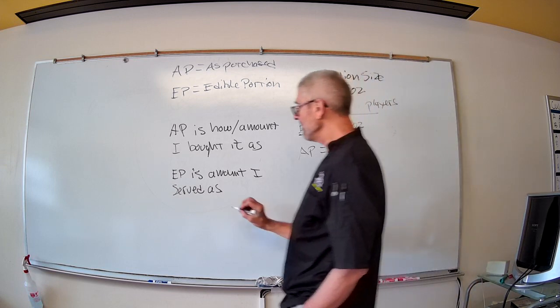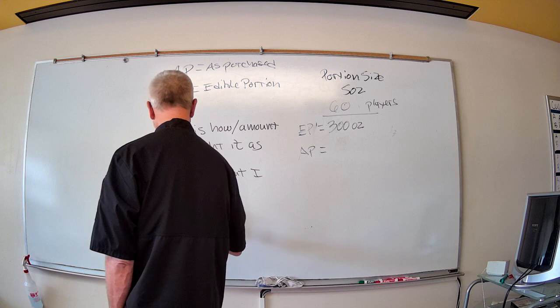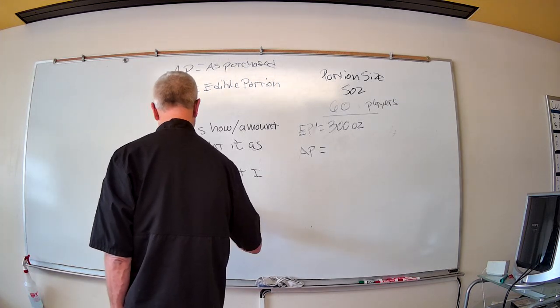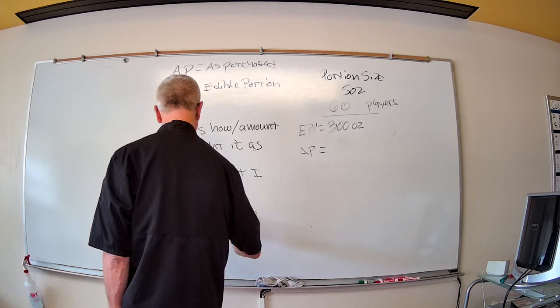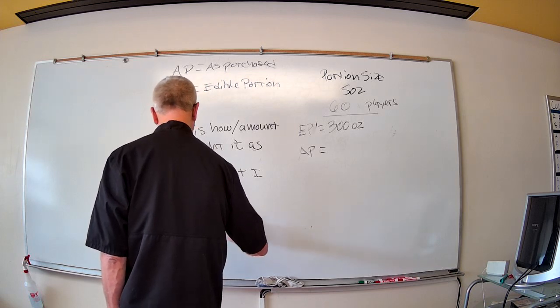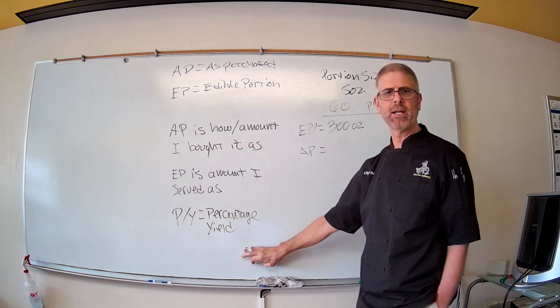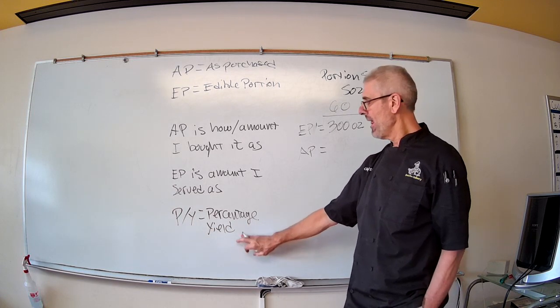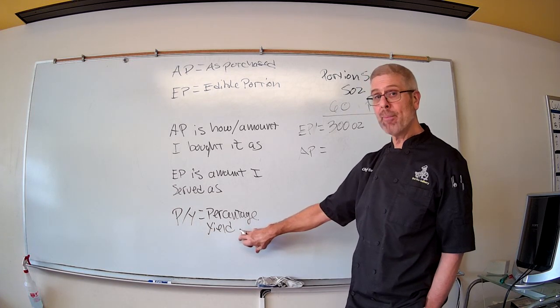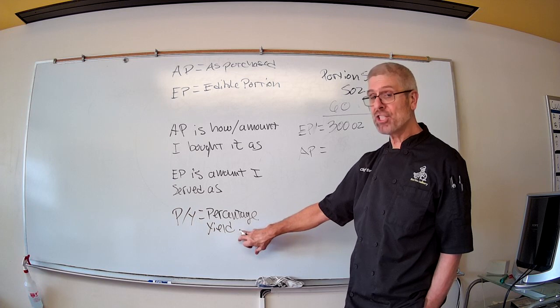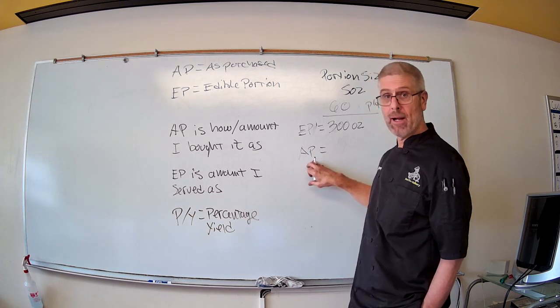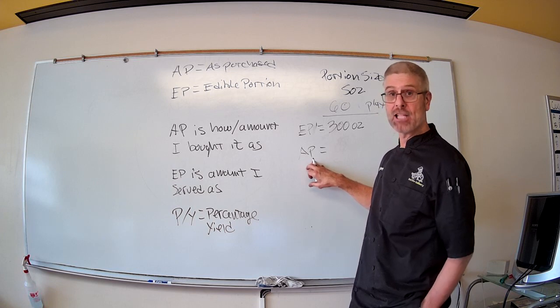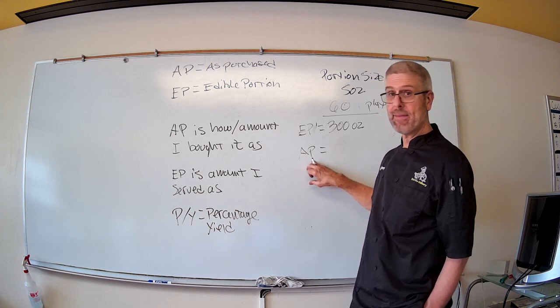And to get that, there's something called PY. It's percentage yield. The percentage yield will tell me how much percentage I get in my as purchased pork.